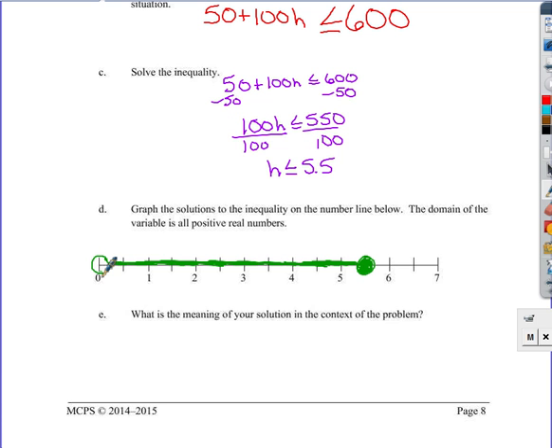of an hour. And the last part says, what is the meaning of your solution in the context of the problem? So what does this solution really mean?